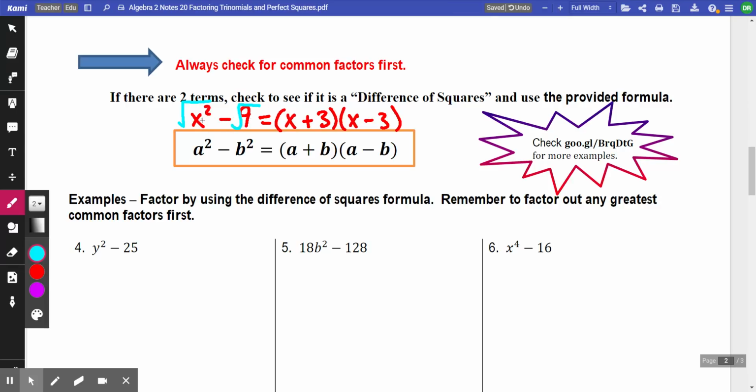We see that the square root of x squared will be x, and the square root of 9 is 3. To apply the formula, to figure out what value we use for a in the beginning of these factors, we simply take the square root of our first term, known as a squared. And then to know what value to use for b, we simply take the square root of the second term, which is b squared.